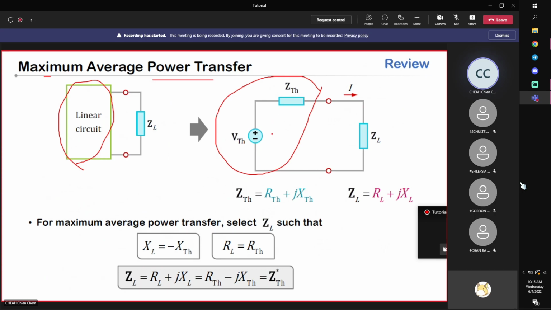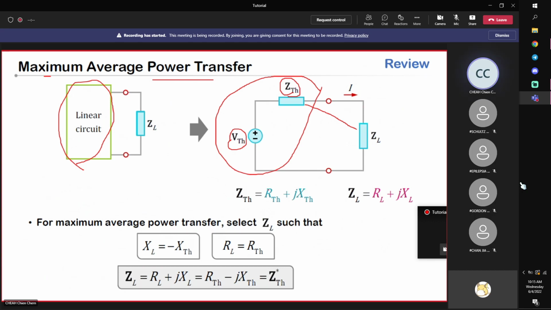Then use this to find the maximum power, in the sense that your maximum power is related to these two parameters. The reason you use Thevenin's is that this circuit is easier to analyze. It's just a series combination of two components, and you can easily use it to derive the maximum power.